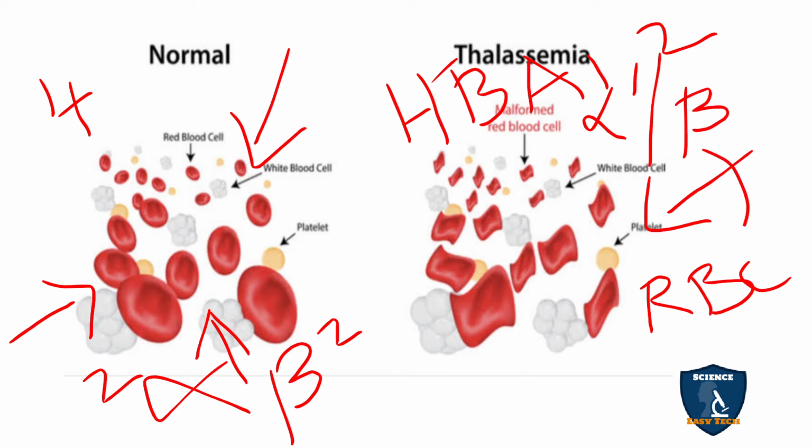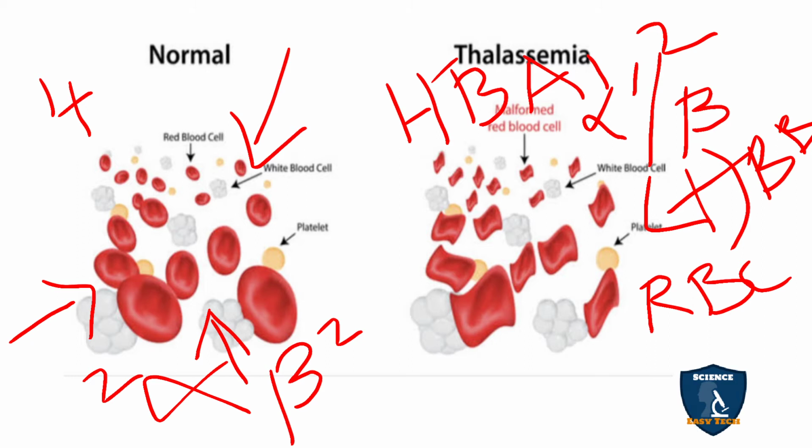And in beta, you have HBB. This is the only one gene which is responsible for not producing beta globin. So in alpha thalassemia the beta globin is not produced, and in beta the alpha will not be produced.